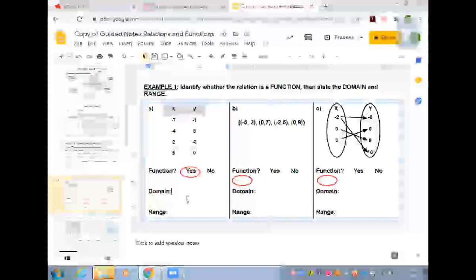All right, let's list out the domain. So I got -7, -4, 2, and 5. All right, let's list out our range, our Y values.